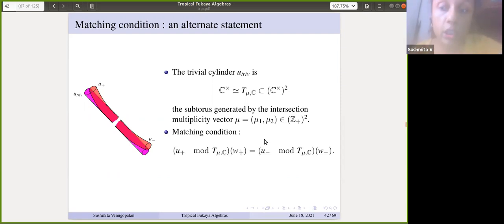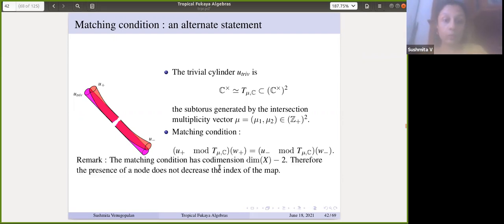So the matching condition can be thought of as follows: you mod out both neighborhoods of the node by this one-torus, and then the evaluation maps will be the same. If you're mapping to a corner, you're actually mapping in a region where there is a higher-dimensional torus action, but you take the direction of the intersection multiplicity, mod out by the one-torus, and then you have matching. That's essentially what the matching condition is.